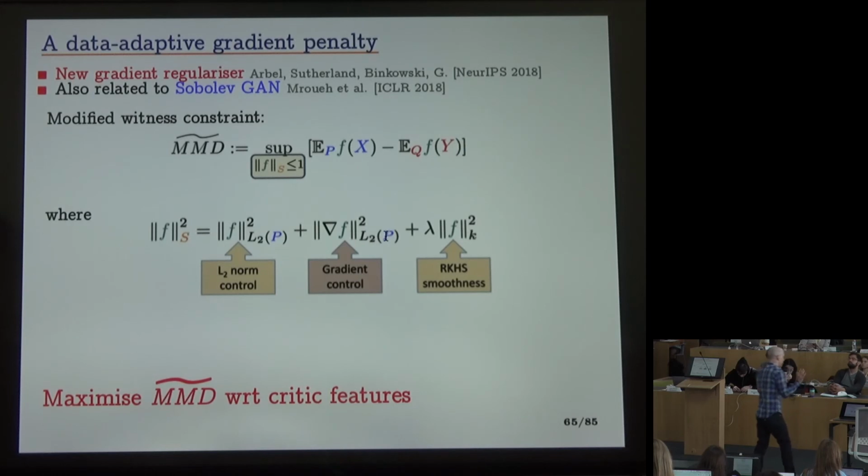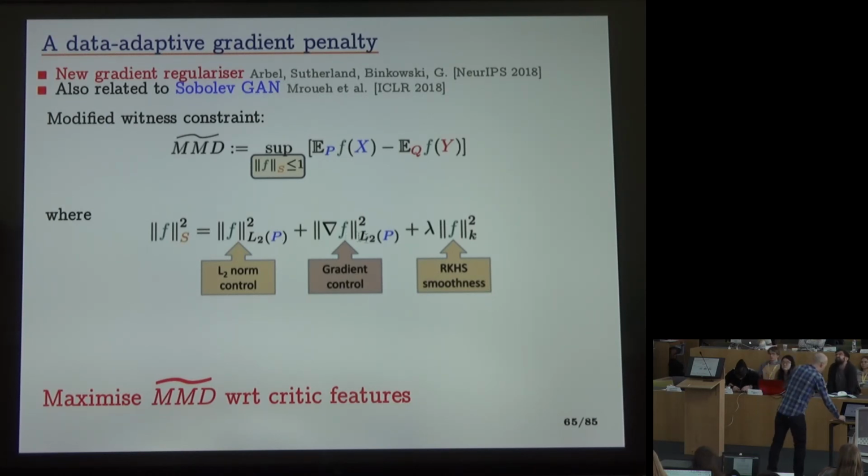This P here is essential. The fact that I'm smoothing my function class using the target distribution actually pushes me away from a generic smoothness into a problem-specific smoothness. And so this, I think, is why, particularly in the early stages of the optimization, it's so essential to have this problem-specific regularizer, so that my function is smooth across the support of my target, but is otherwise allowed to be steep and allow me to climb to my target.